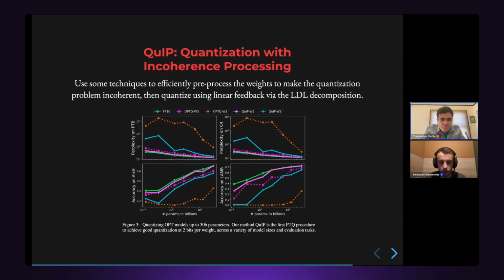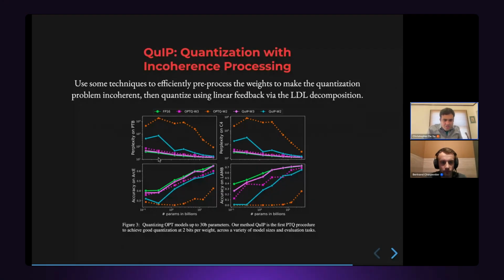This is just the time that we produced QuIP. And so the comparison was against GPTQ. OPTQ is the same method as GPTQ. It's just a different name for it. And you can kind of see that at 2 bits, comparing this orange curve to this blue curve, QuIP is better.